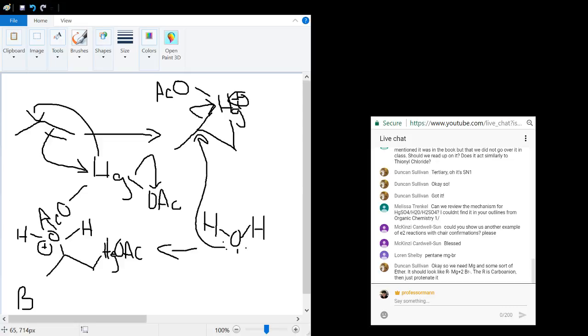I'm just going to use a generic B here. It could be water. It could be the acetate that we kicked off over here. Okay. But we'll deprotonate that so that we get our alcohol, but we still haven't taken off the mercury yet.